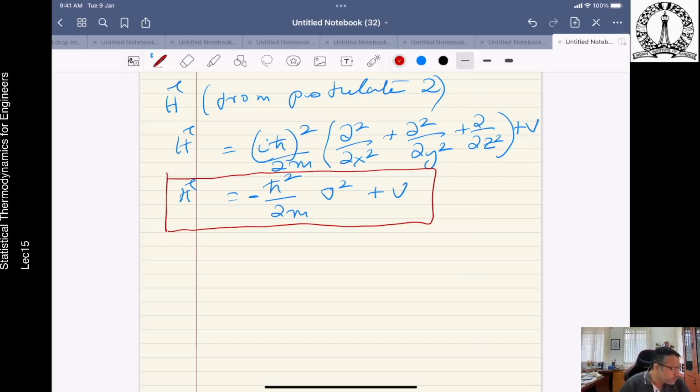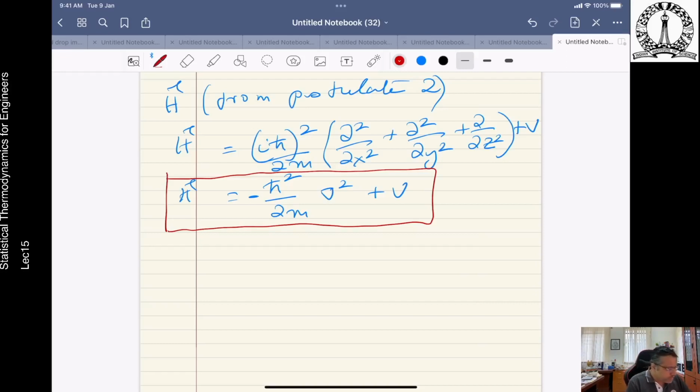So, as we can see, this is the corresponding operator. Now we know the Hamiltonian is basically the total energy, and this is the operator H hat. This operator we already knew.